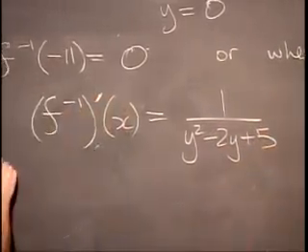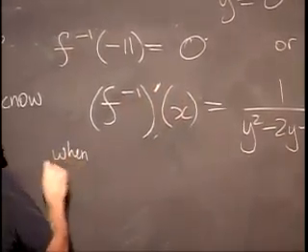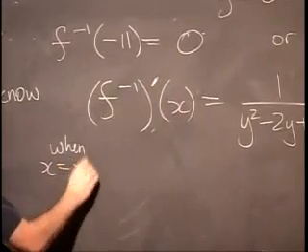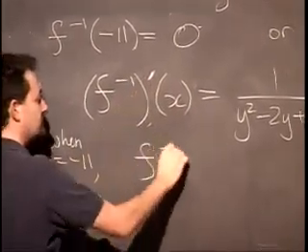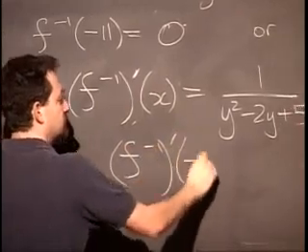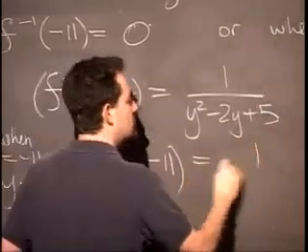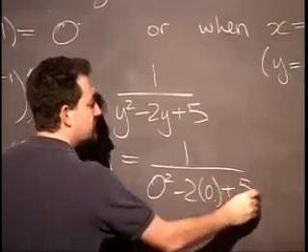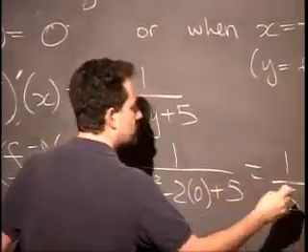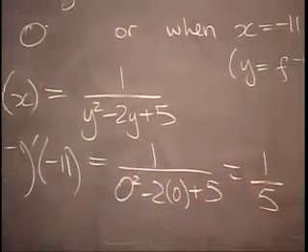So when x equals minus 11, y equals 0, and we just plug everything in, and we get 1 over 0 squared minus 2 times 0 plus 5, which is 1/5. And that's the answer.